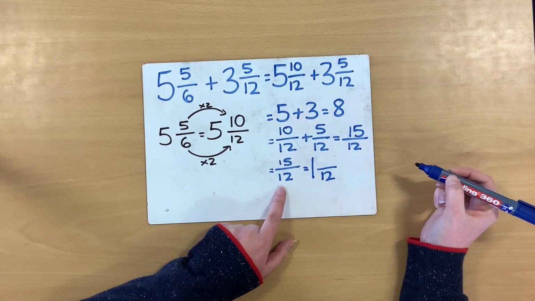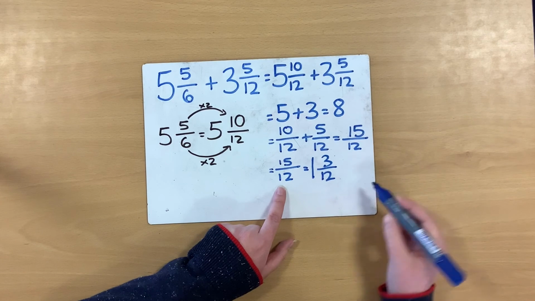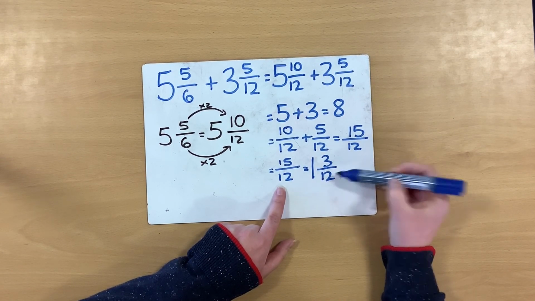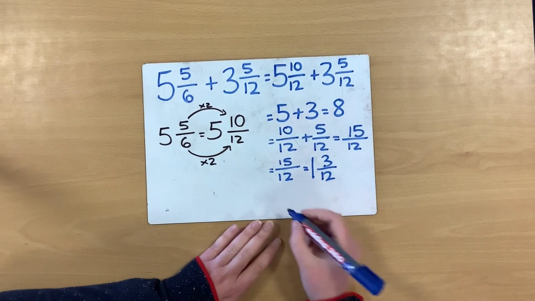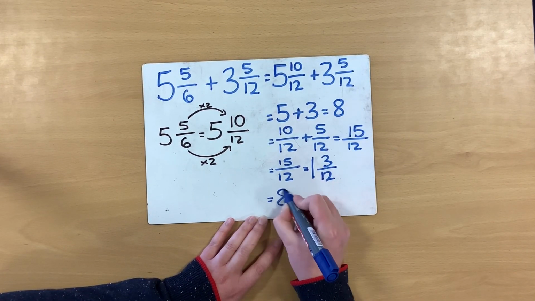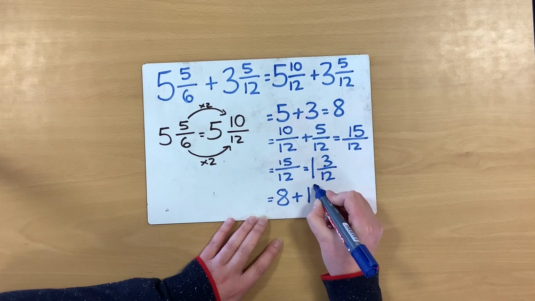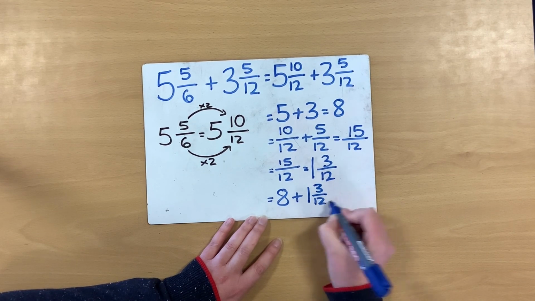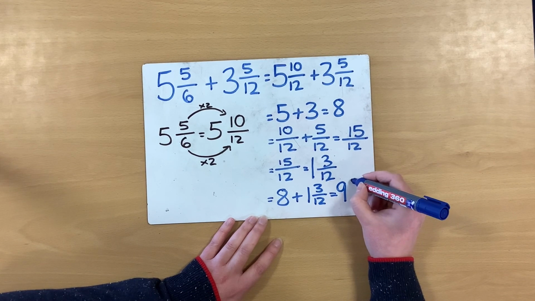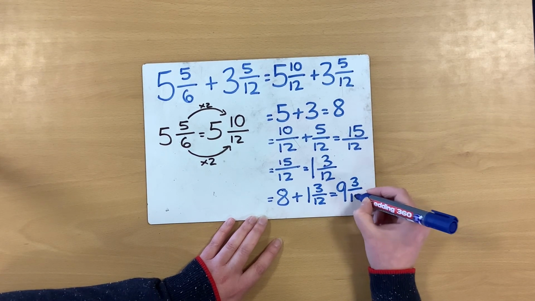And what's left over? 3. So 15 twelfths is the same as 1 whole and 3 twelfths. One final step that we need to do is to add on my wholes. So I've got 8, add 1 and 3 twelfths, which is 9 and 3 twelfths.